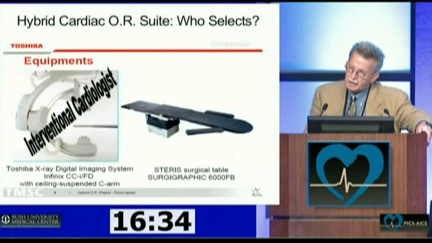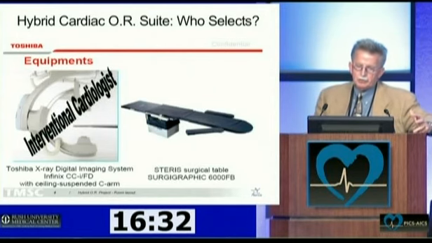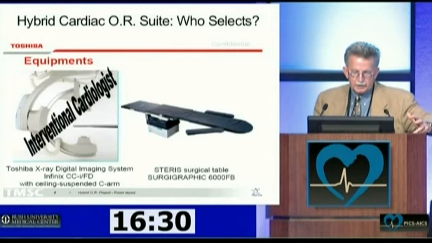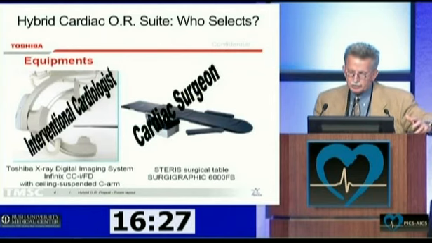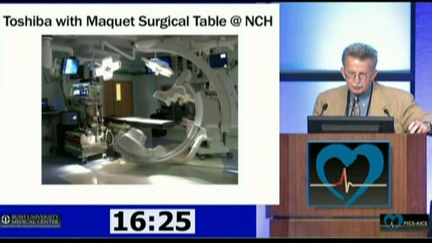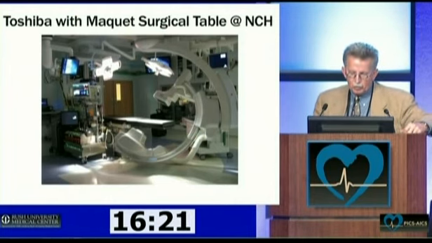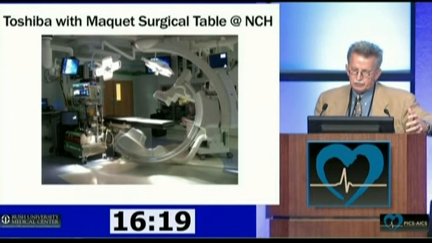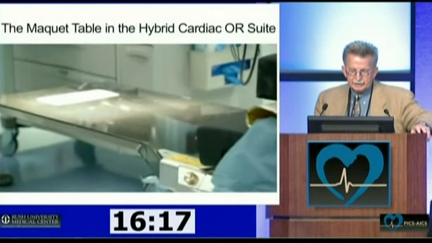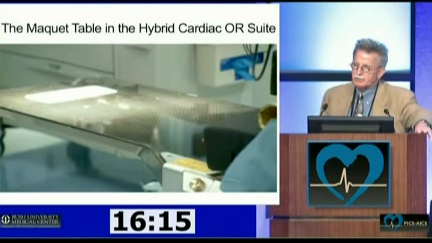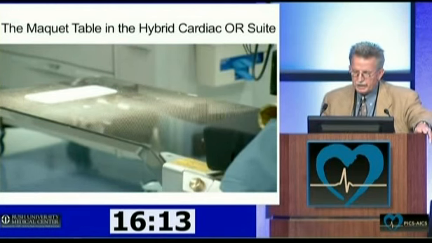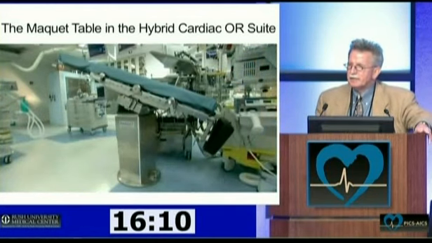So when we started on the hybrid OR suite, we said, okay, who's going to pick the equipment? The interventional cardiologist picks the x-ray equipment, and of course the cardiac surgeon needs to pick the table. We ended up with a McKay surgical table in our first hybrid OR suite, but that brought challenges, as you would think. The McKay table is a terrific surgical table. It has great multifunctionality, and you can see all the crazy things that it does.